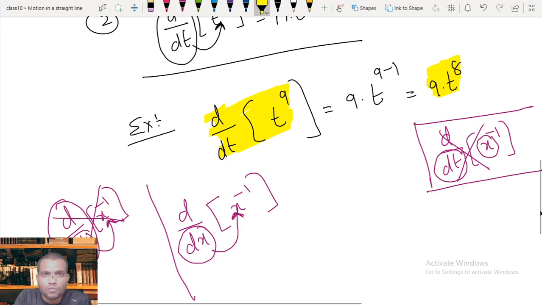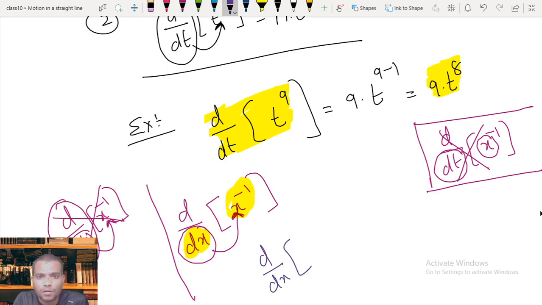Whenever we see the variable, we have to do the differentiation with respect to that variable. So we always have to write it in terms of d by dx, differentiation with respect to x. Now if we do that, I can apply the same formula. So d by dx of x power minus 1. Here we take this quantity as n and substitute in the above formula.